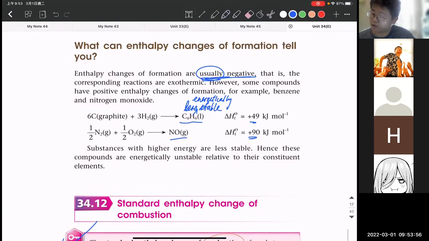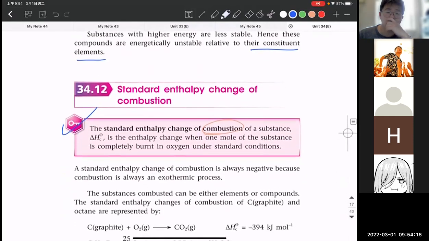Is it also okay? Okay, energetically less stable, when you compare it with the constituent elements. Do you understand? Any questions so far?